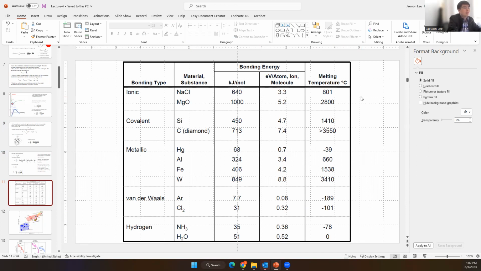In the case of magnesium oxide, it is 2,800 degrees C. But if we consider argon gas or chlorine gas, it is minus 89 degrees C because they only have a van der Waals interaction. They don't share electrons with each other.